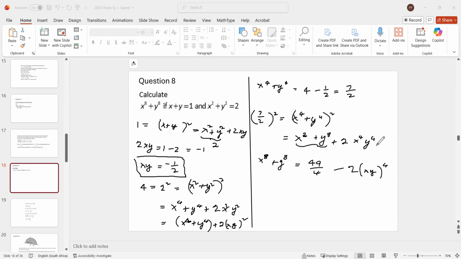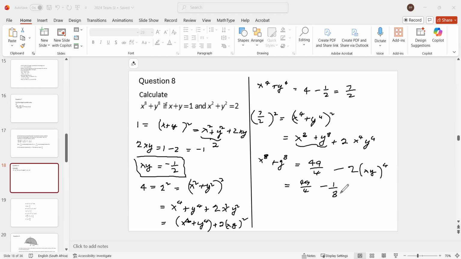This is x to the 4th times y to the 4th, so it's xy to the power of 4. And xy, see, it was a very useful calculation. When you raise this to the power of 4, you're going to get plus 1 over 2 to the power of 4, which is 1 over 16. So this is 49 over 4 minus 2 over 16, which is 1 over 8.